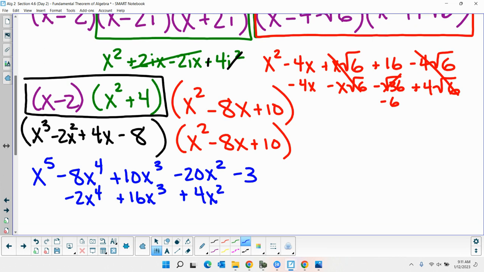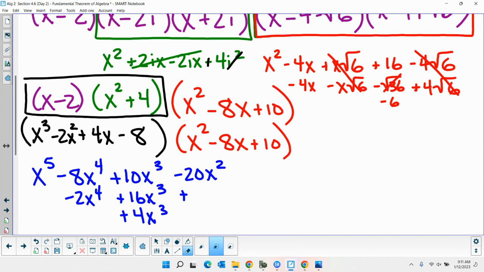Oh, wait a minute, that was wrong. What did I do wrong? What was this supposed to be? To the what? Third, right? 4x times x squared is 4x cubed. Sorry about that. 4x times negative 8x is negative 32x squared.